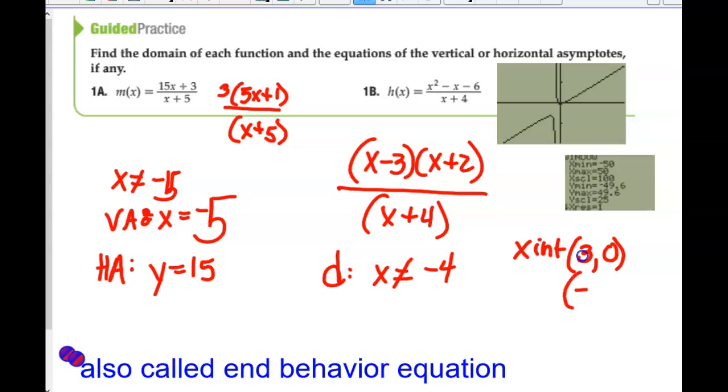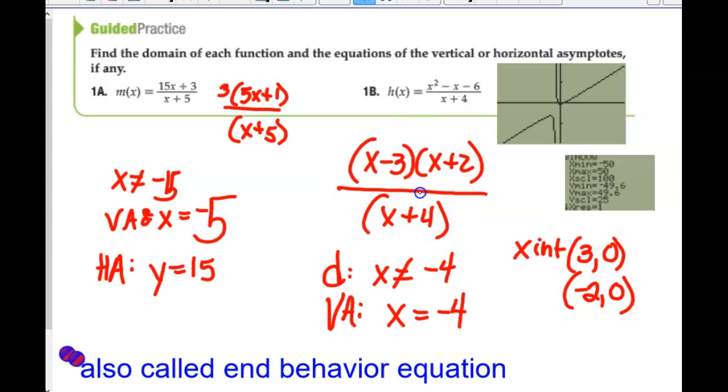It's when you set the top equal to 0. 3, 0, and -2, 0. Okay? Where's the vertical asymptote? X equals -4, because that's what makes the denominator 0.